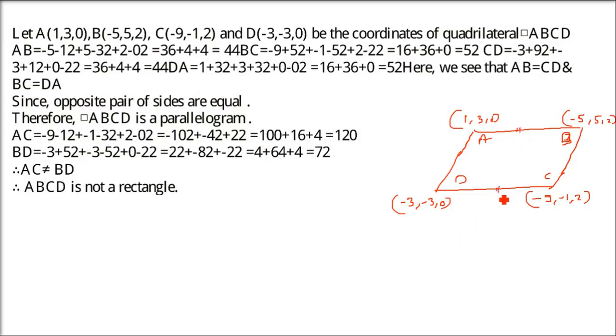That is AB and DC has to be equal. Then when you find BC and AD or DA, this will also be equal. So AB equals CD. This will come as equal. Similarly, BC and DA or AD, this will be equal.